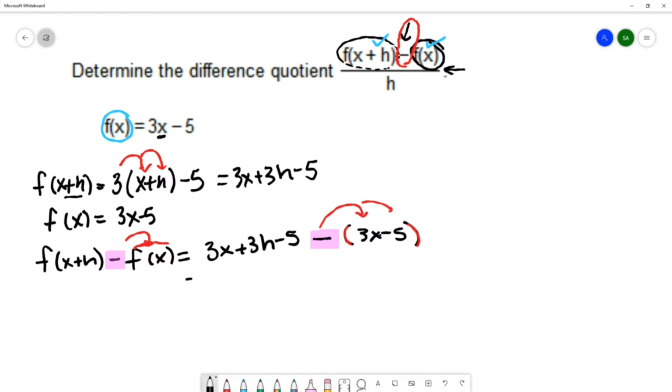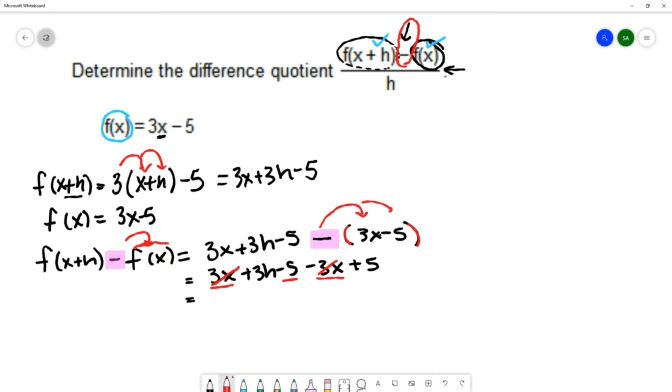So then I can do the distributive property. And I've got 3x plus 3h minus 5 minus 3x plus 5. So that's applying the distributive property. And now I've got some stuff that's going to cancel out. 3x and negative 3x are like terms, and when you add those together you get 0, so they cancel each other out.